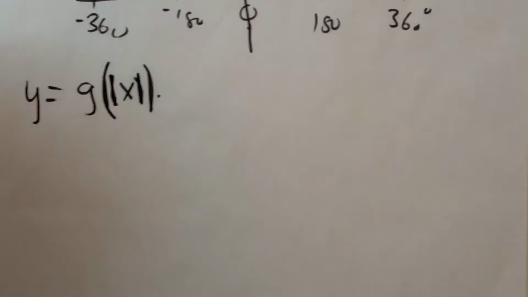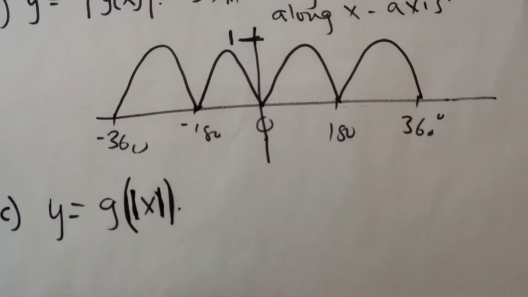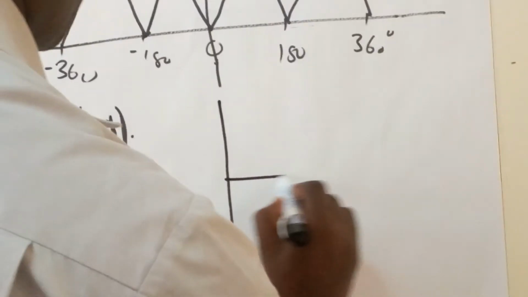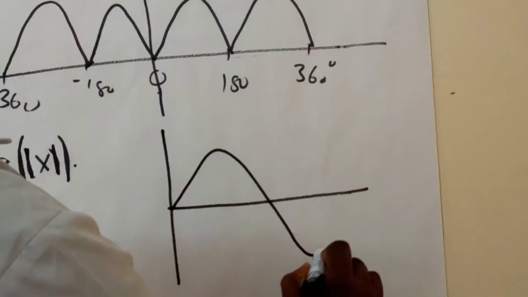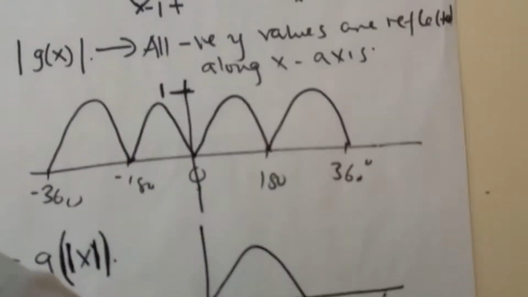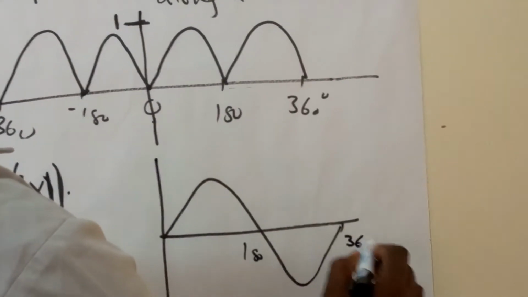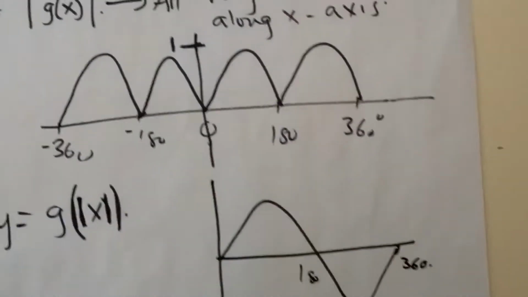So we would wish now to consider the original graph. When x is positive, we had a graph that looked like this. And this is 180 and this is 360. We have no quarrel because x is already positive on the right-hand side.